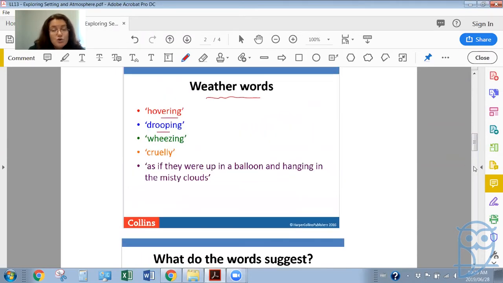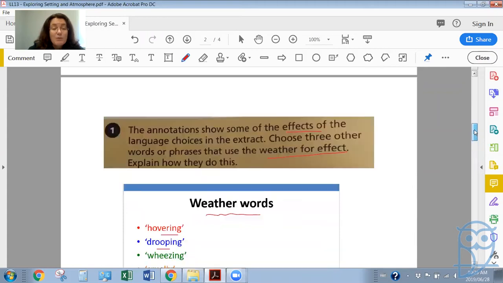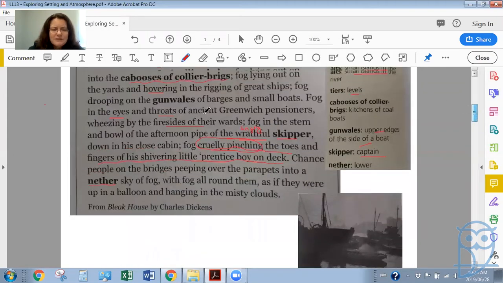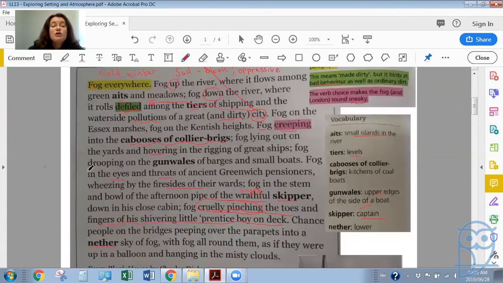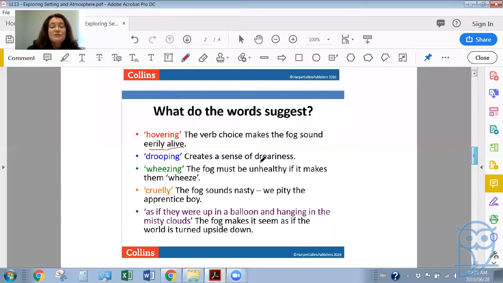What about "drooping"? What function does that word have? So, drooping: fog drooping on the gunwales, the sides of barges and small boats. What effect does that have? Well, drooping creates a sense of dreariness.